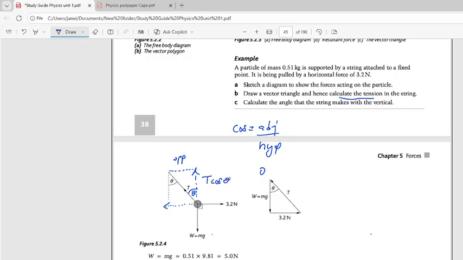Oh, they don't tell what theta is. Later on, Barrett, I think I jumped the gun. So what we could do is say T cos theta is equal to mg. And if they told us what theta was, we could have found that.